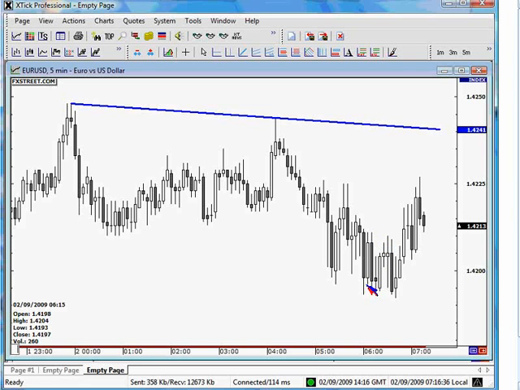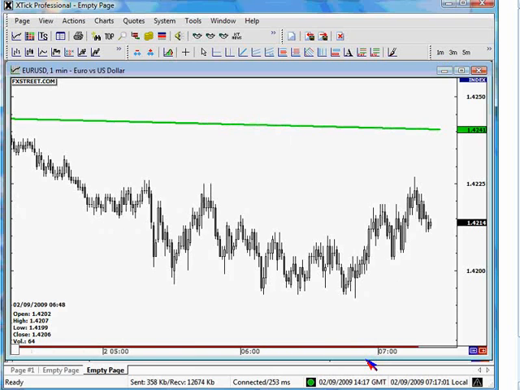On the 5 minute euro dollar, if the currency pair rises, we could rise up and retest this blue trend line, which I'm now going to color green. But other than that, there does not seem to be much of a trade here on the euro dollar. It doesn't seem to be much going on in the short-term euro dollar.